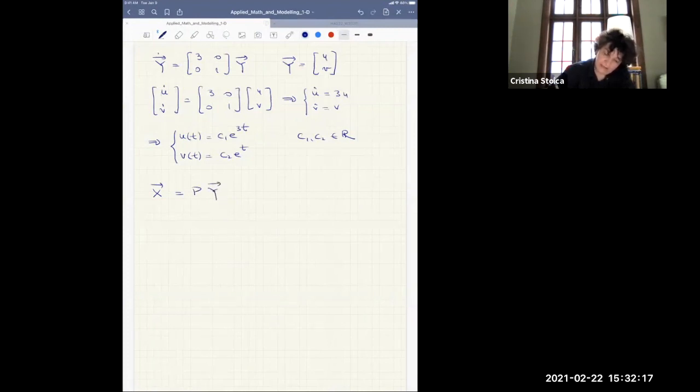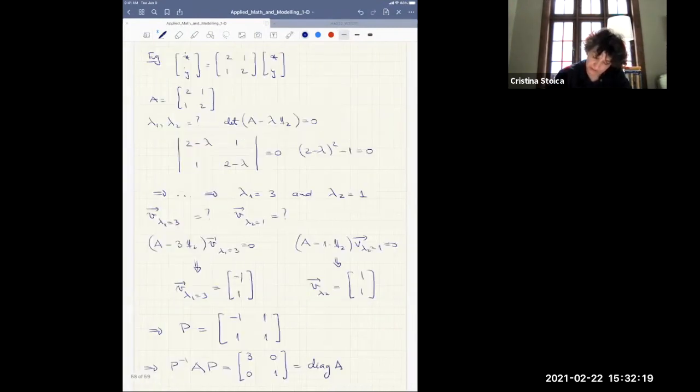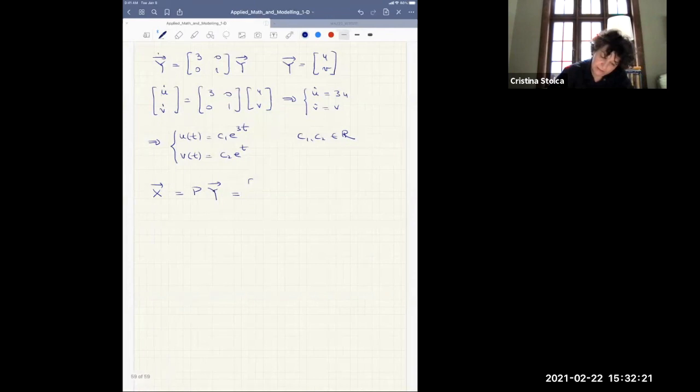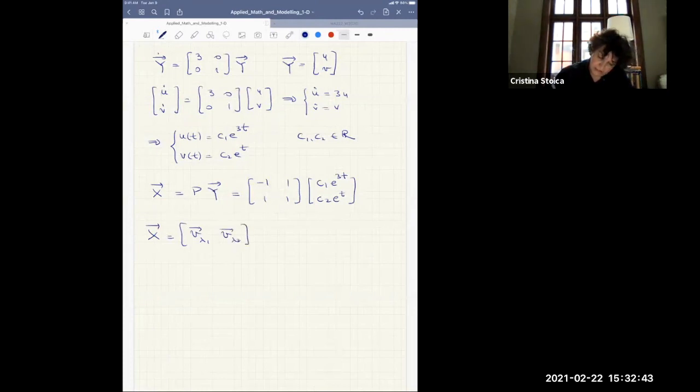In this case, the P matrix is minus 1, 1, 1, 1, and then applied to Y, so it's basically C1 e^(3t), C2 e^t. Or we can write X equals, maybe this is even better because maybe you'll link it to something that you actually did.